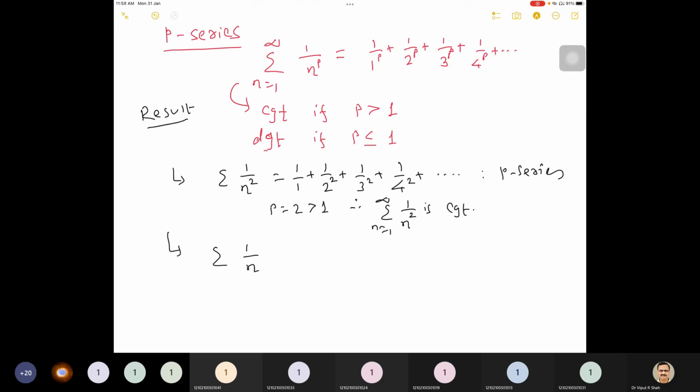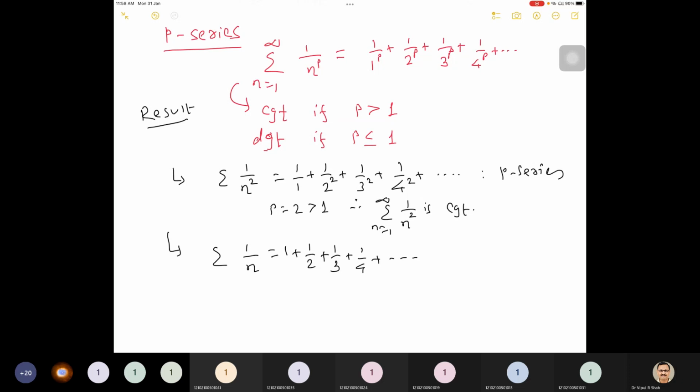What about this series, convergent or divergent? Divergent.